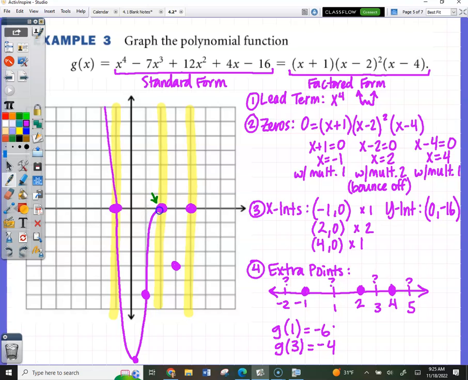It's going to bounce off of it, and that's because it had an even multiplicity. It's going to bounce off the x-axis right there instead of crossing over it like it did here and here. So that's the difference. With the widget, it'll take care of that for you. The questions in the homework are going to say straight up, what is the multiplicity? And you would type 2 in that case.